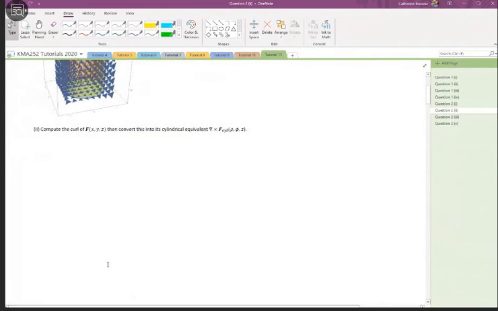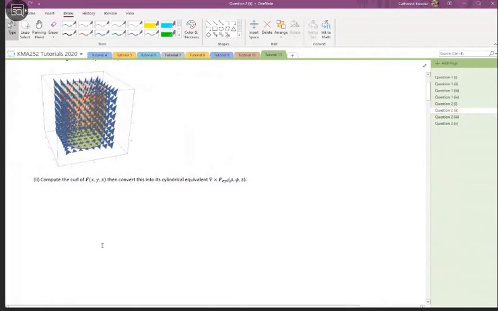And then again, I'm going to compute the curl in cylindrical coordinates. Oh, sorry. I'm going to compute it in Cartesian coordinates and then convert it.